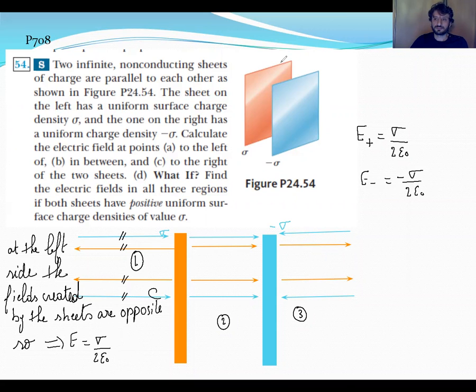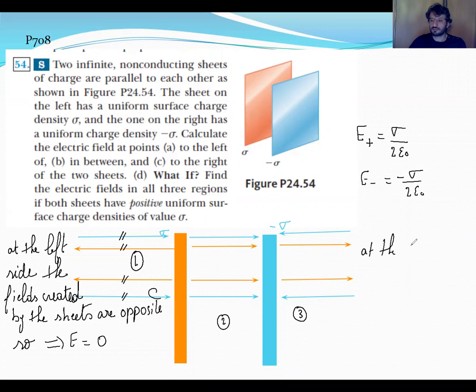The opposites sum to 0, directly. And at the right side we have the same result.